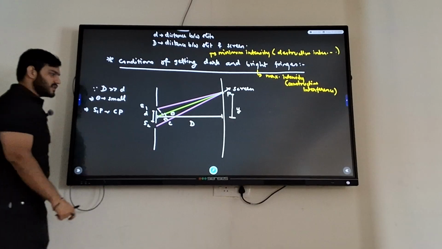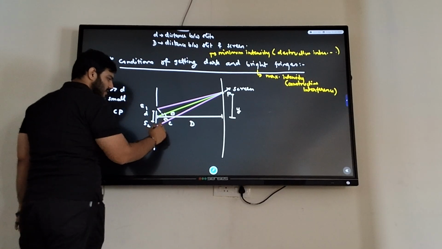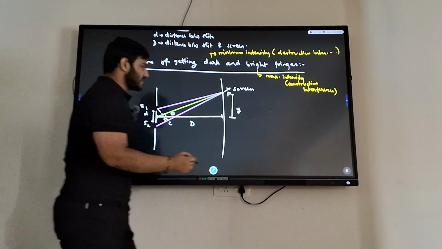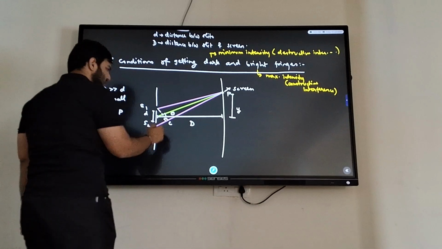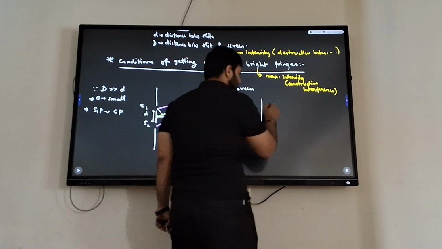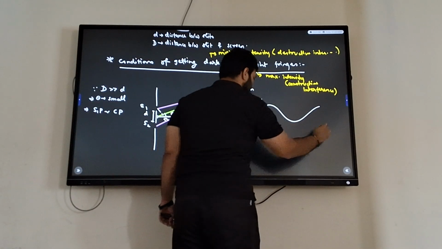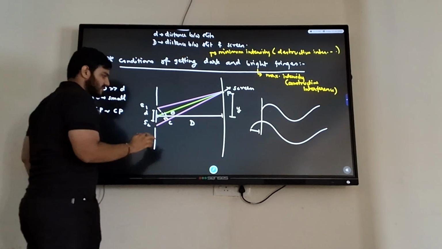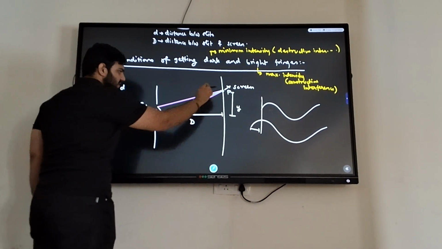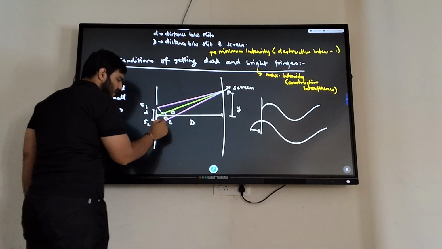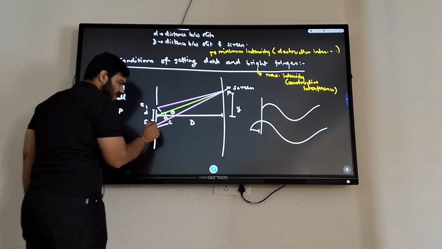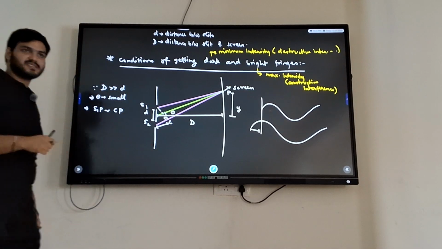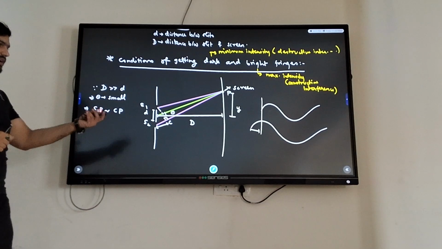And what is this called, this S2C? If two waves are like this, one is a little behind the other wave. So if I assume that these two lengths are approximately the same, then how much is this behind? By S2C distance. And what is that behind distance called?